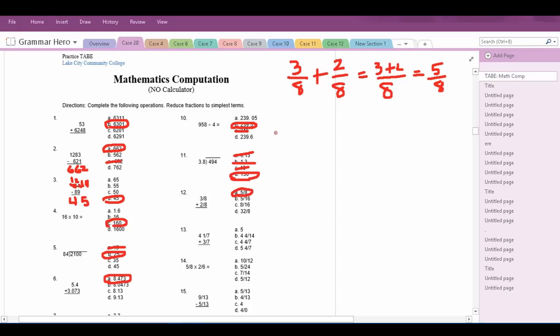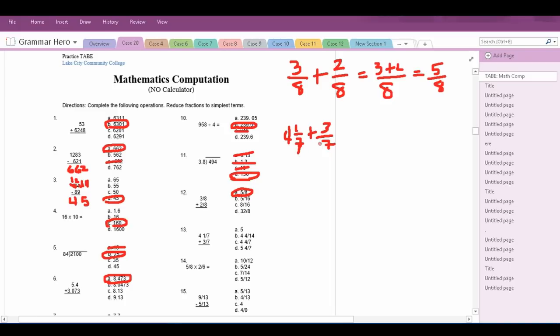Okay, 13. We got 4 1/7 plus 3/7. Now, you might be saying, what can I do here? What is this 4 1/7? This 4 1/7 is what's called a mixed number.